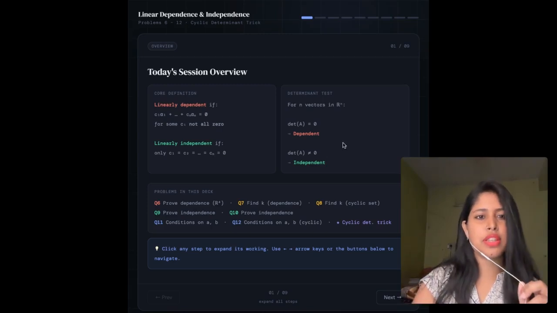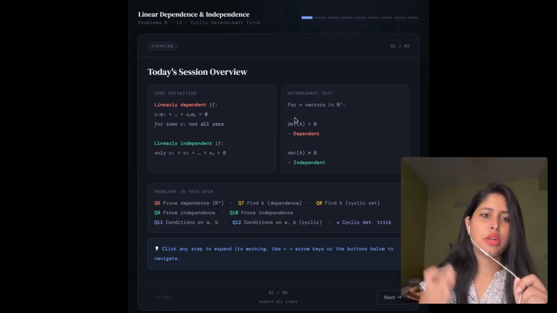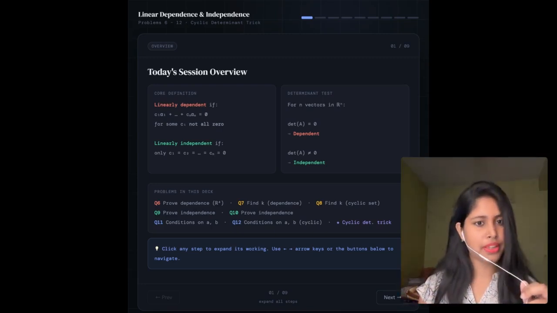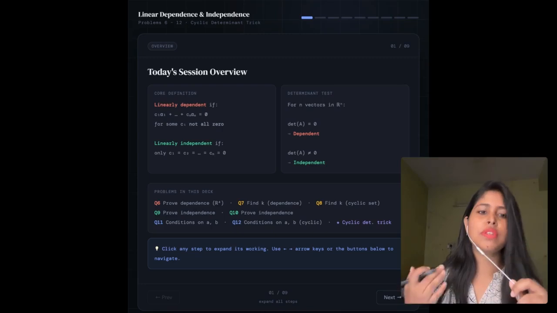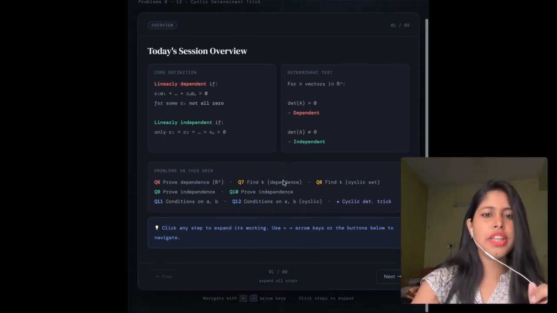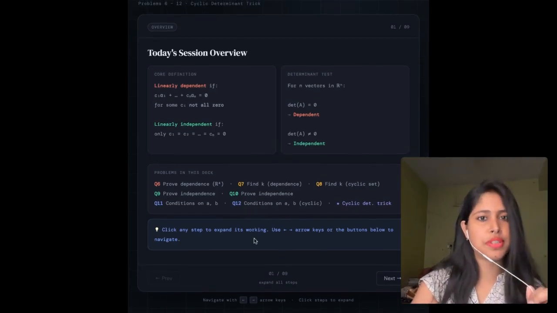And next we're gonna study the determinant test, that is, if determinant of A is equal to 0, then we can say that this is dependent, and if it is not equal to 0, then we're gonna say that it is independent.